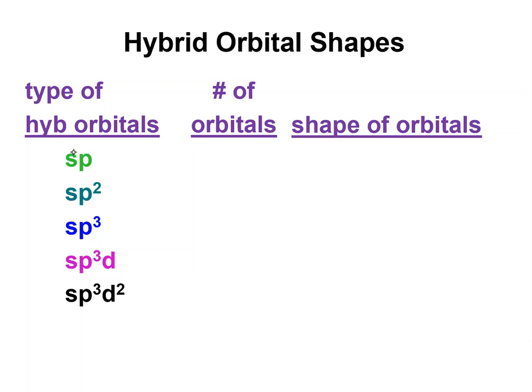To get that, I'm basically going to add the exponents, because the exponents tell me how many orbitals were going in. I took one s orbital, one p orbital. I'm going to have 2 new orbitals, and those orbitals are going to be called sp orbitals. And what do you think the shape would be if you have two orbitals and they repel each other? They'll be linear.